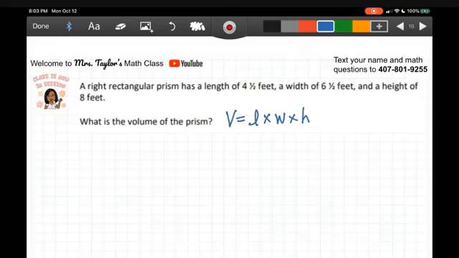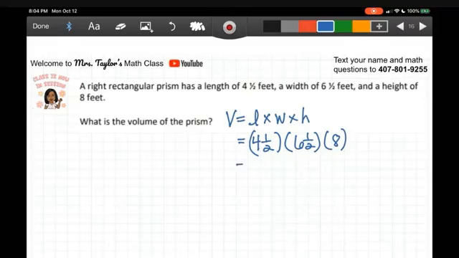So we already know our length is 4.5, our width is 6.5, and our height is going to be 8. So I'm going to change all of these to improper fractions. If you don't know how to change to an improper fraction, you take your 4.5, you multiply your denominator times your whole number, and then you add the numerator.